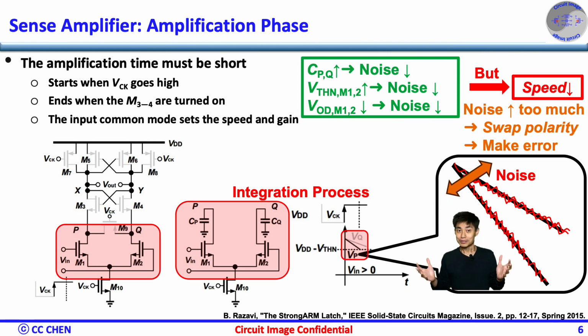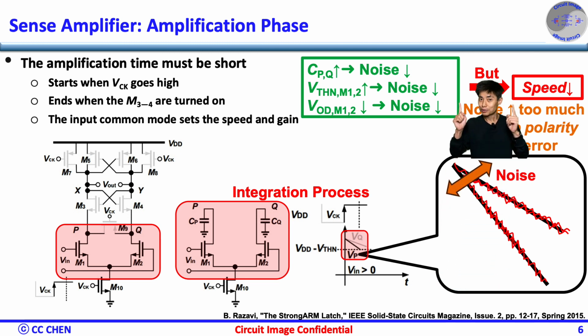Unfortunately, all those factors of lowering the noise, like increasing the capacitance, increasing threshold voltage, and reducing the overdrive, would reduce the speed. Therefore, optimized transistor sizing and biasing would be a must with the aid of a simulation, which we will describe in detail later.